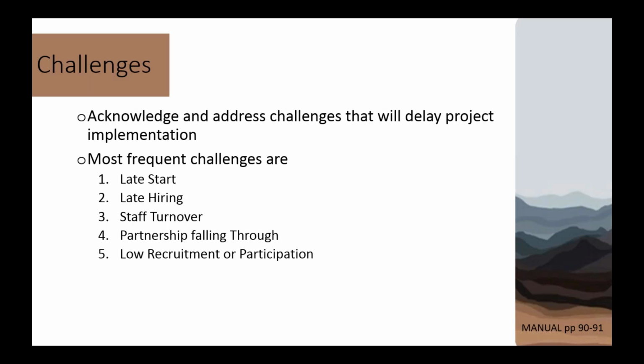Say your SEDS grant was supposed to start September 30th. You don't receive notification until, I'm sorry, I meant October 20th. Your start date's supposed to be September 30th, and then you don't find out until October 20th.